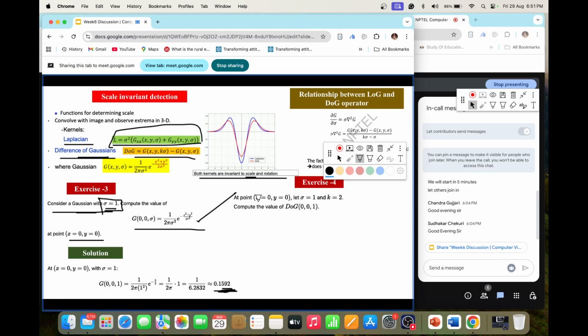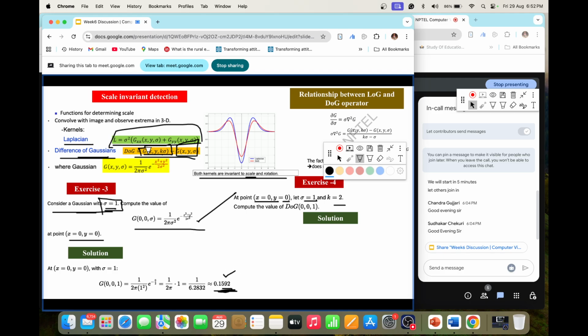Now here it has been told at point x equals 0, y equals 0, and sigma equals 1, and for this difference of Gaussian we want another thing, that is k. k is nothing but a constant. So k is also given, that is 2. Again, the formula we know. First we will find G(x, y, sigma), that is G(0, 0, 1), which we have already found.